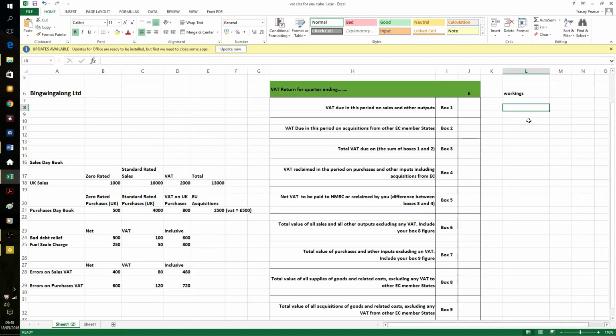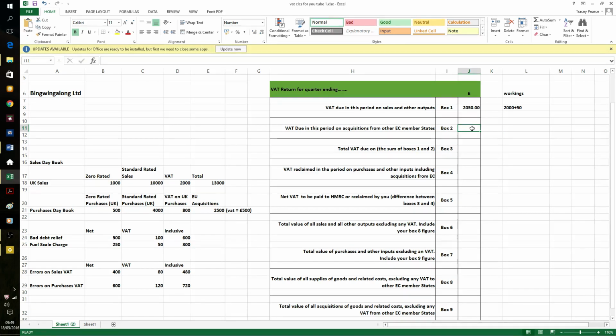Box 1 then. So box 1 is just our sales and other outputs. In this case, the only VAT on our sales is the £2,000 on our standard rated sales, but we've also got the output of the fuel scale charge. So this one, despite the fact that it's a purchase, it does go in the output box.